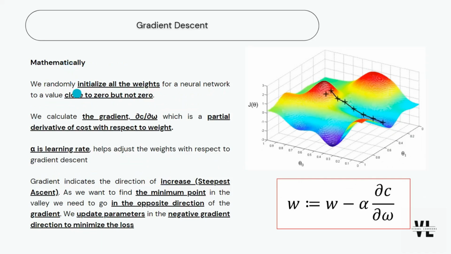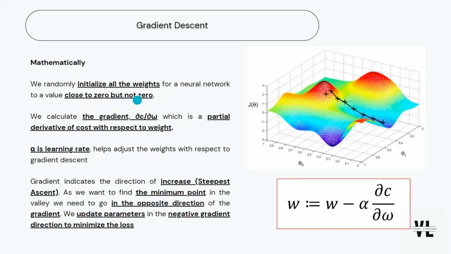Mathematically, we randomly initialize all the weights for a neural network to a value close to 0 but not 0. So before training our model, we need to initialize the parameters of our model, and those randomly initialized weights are going to be close to 0 but not 0.